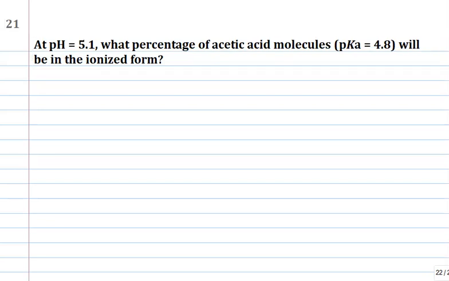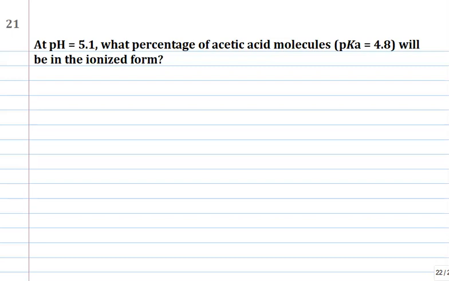So in this case, is it important to know what type of molecule that we have? Is it important to know that we have a carboxylic acid? Well, it is important because I'm asking you about the ionized form. Both forms of acetic acid are not charged, are not ionized.